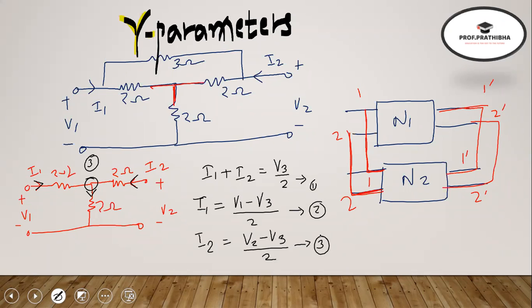I want you to substitute 2 and 3 in 1 and get me an equation V3 equal to, because I want to eliminate V3. I do not want V3 in both equations 2 and 3. So get me something V3 equal to, which I can resubstitute in 2 and 3 to get my Y parameters.